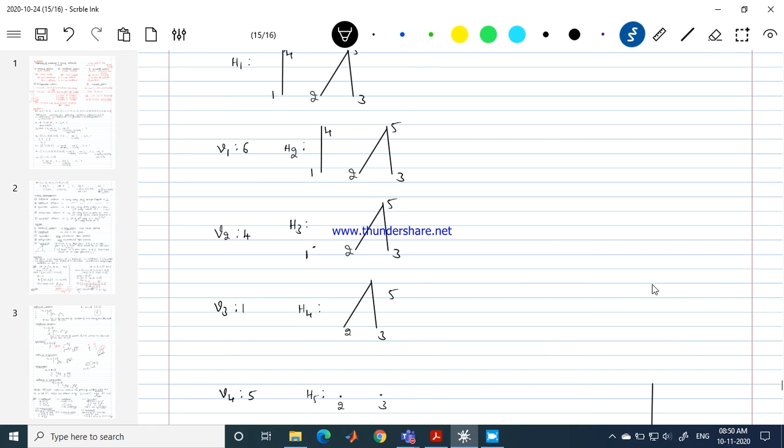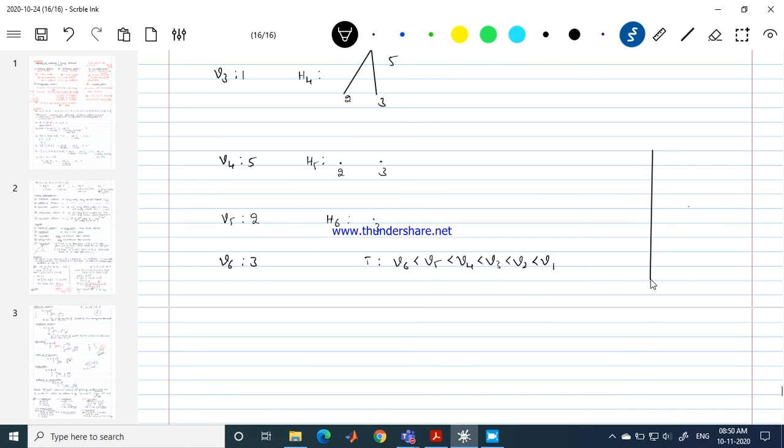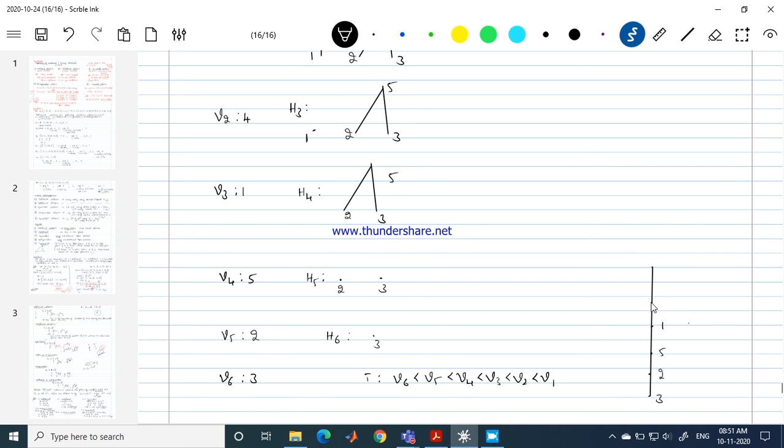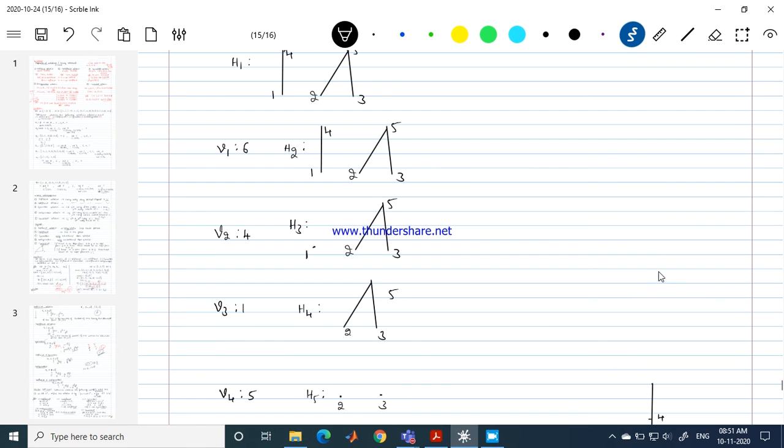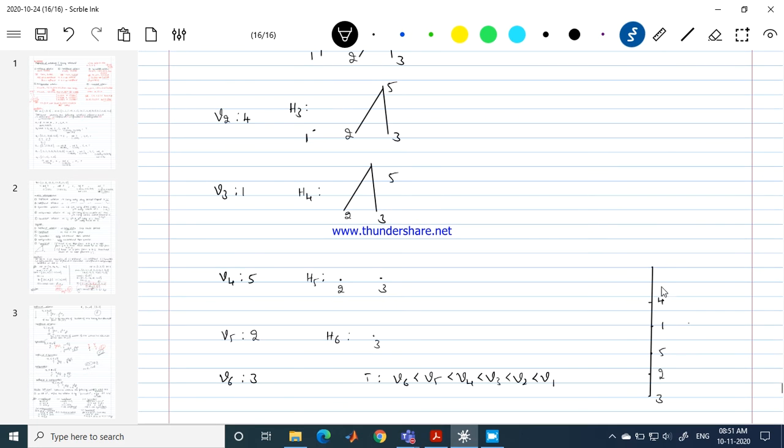And so we know our V1 is given by 6. So that should be the vertex which we deleted first, that should be at the top. So V6 should be at the bottom. So this is 3, next 2, next one is 5, next one is 1, next vertex is 4, and next vertex is 6.